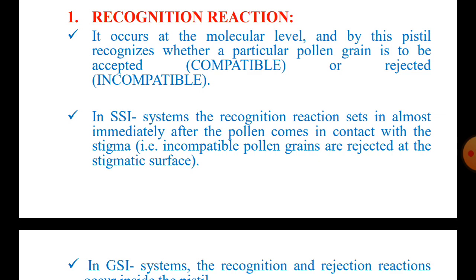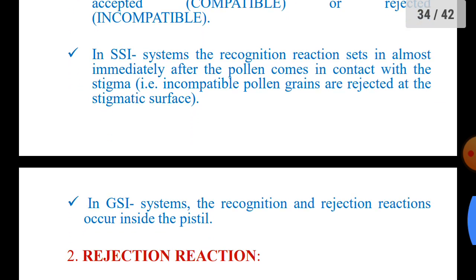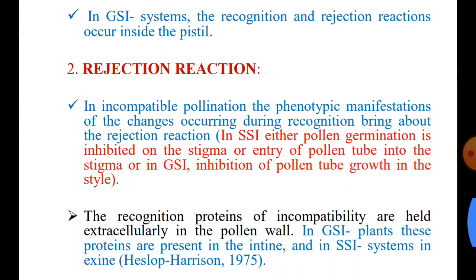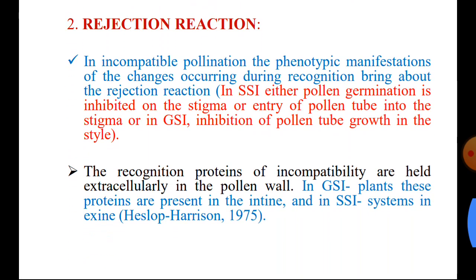In sporophytic self-incompatibility systems, the recognition reaction sets in almost immediately after the pollen comes in contact with the stigma. That is, incompatible pollen grains are rejected at the stigmatic surface, while in GSI, that is gametophytic self-incompatibility, the recognition and rejection reactions occur inside the pistil. Now, rejection reaction.